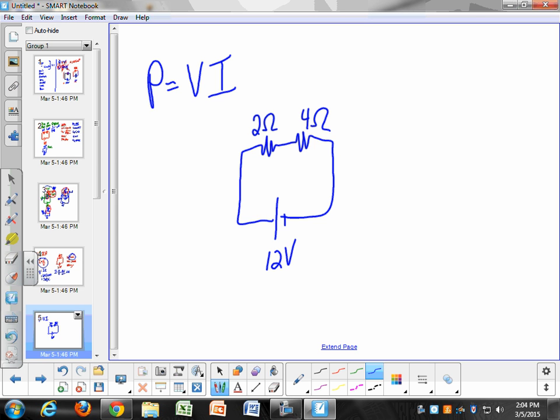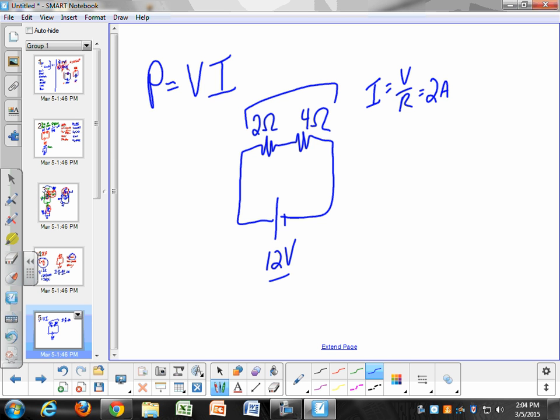What is the power dissipated across these? Well, you could find that pretty simply. You could figure out the current. In this case, I have 6 ohms with 12 volts, so my current is equal to V over R, which is 2 amps.